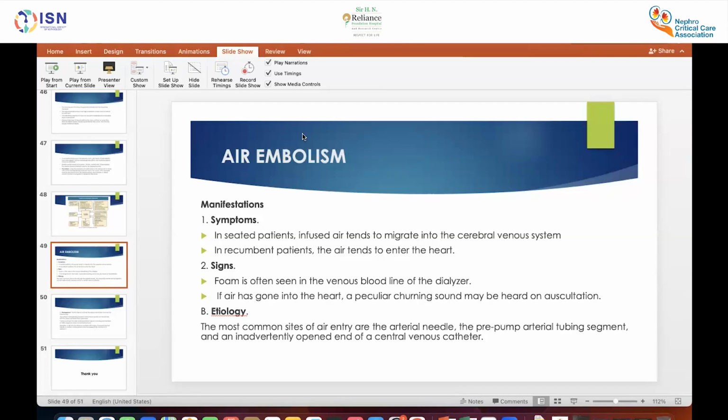But why have they kept it on the left side? Why is it not in the left side Trendelenburg position? Where should the air float? Air will always float towards the upper part, no? Yeah, so it will rather float on the upper part and on the right side of the heart.